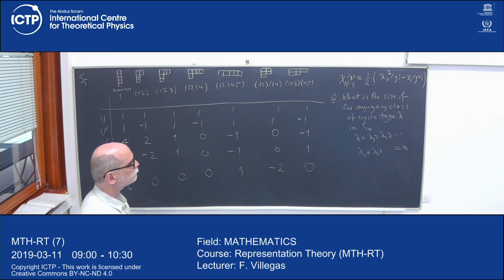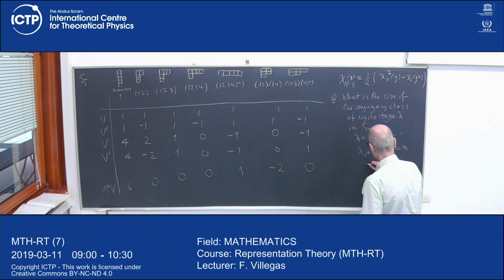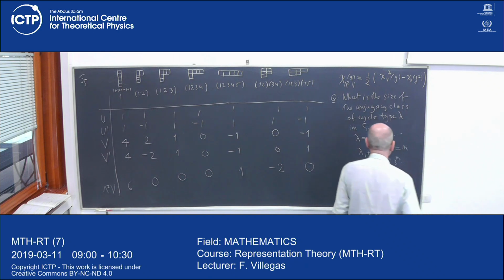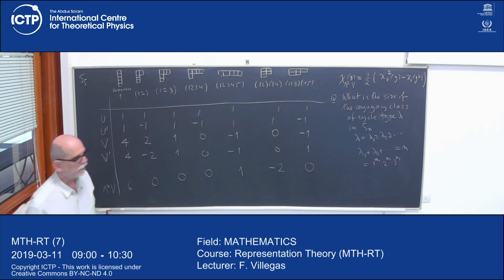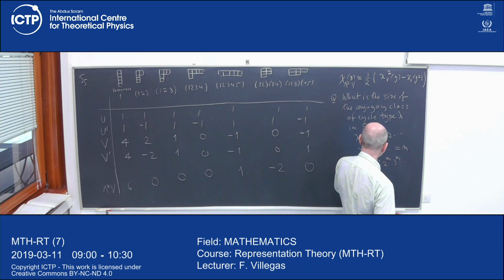There's another way to write this, which is possibly slightly confusing. These are not powers, but just a way to encode the information. So this means that there are M1 1s, M2 2s, M3 3s, and so on.